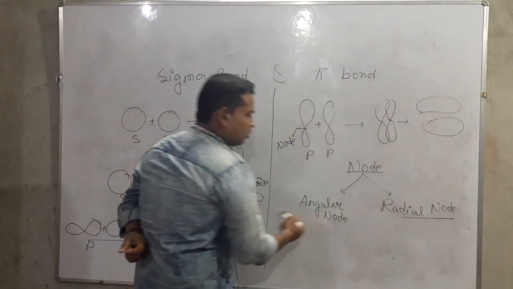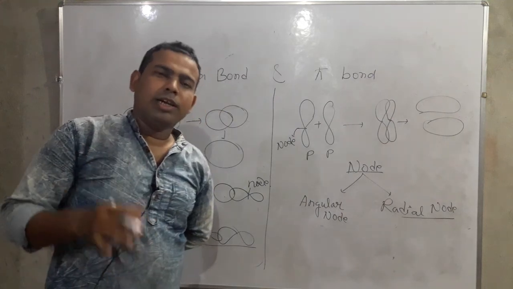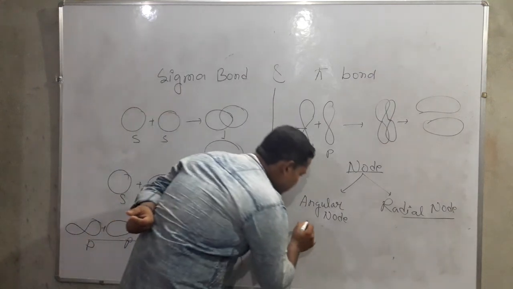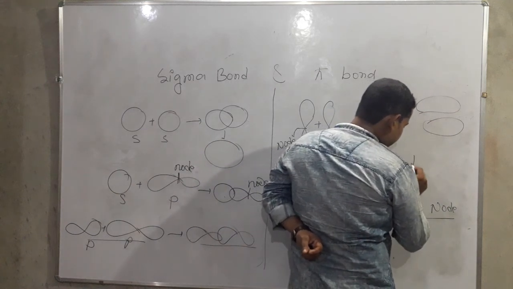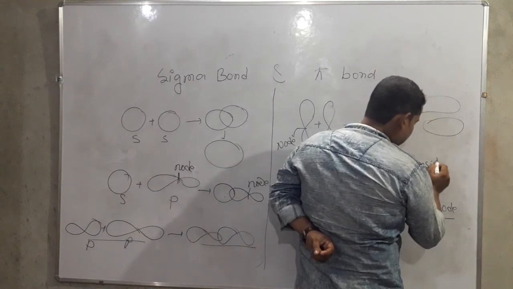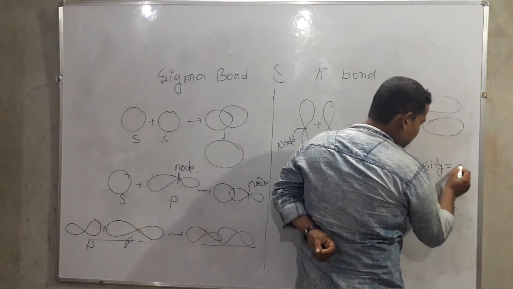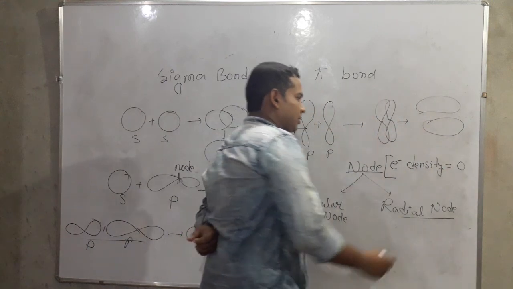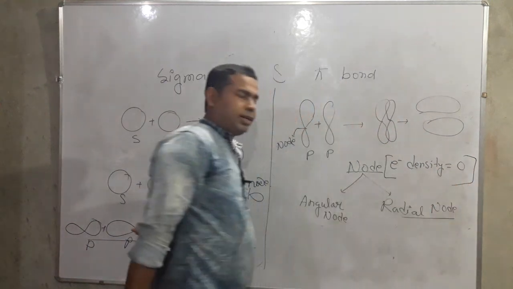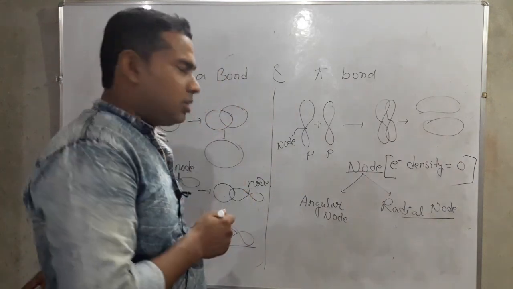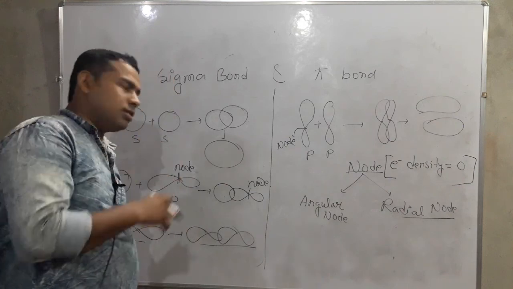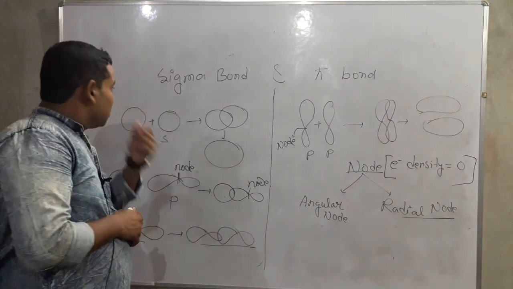In node, electron density equal to 0. Clear, people? So how will you find out angular node and radial node? This one belongs to the structure of atom chapter, so I will discuss it again in structure of atom. So this is finished.